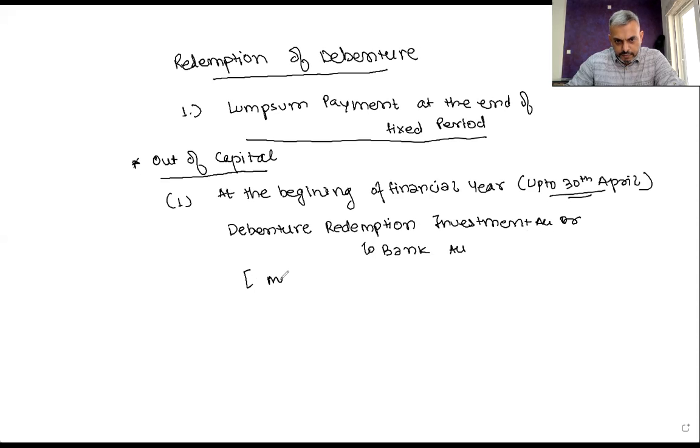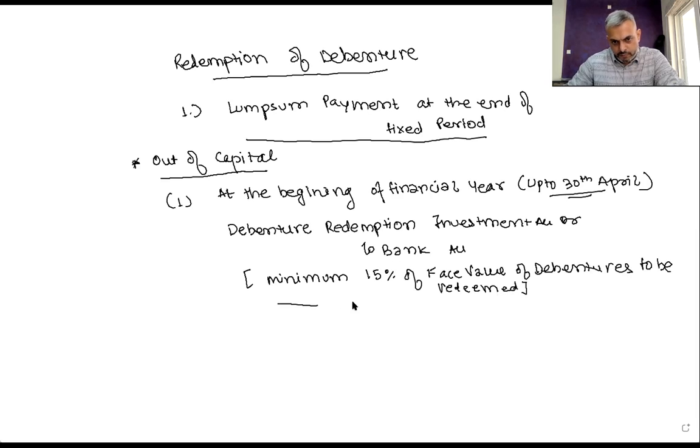This will be minimum or at least 15% of face value of debentures to be redeemed. So this will be the first entry.